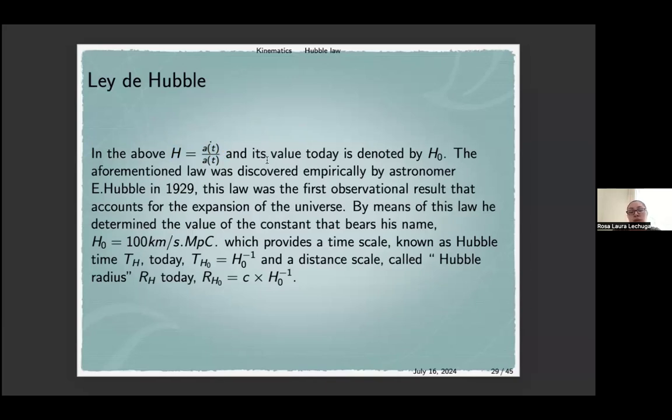For example, in this class we're going to talk about the conformal time, and in that case we should modify this quantity, but the physical meaning of the quantity is only in terms of this coordinate. When we talk about the expansion in physical terms, it's important to ensure that we are working with the physical time.